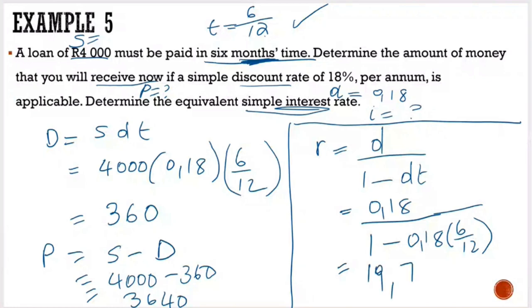Okay? So if your interest rate was compounding in a different way, you'd have to convert it, but I will show you how you do that with compound interest. So those are the two aspects that you look at together, that is simple discount and also simple interest.